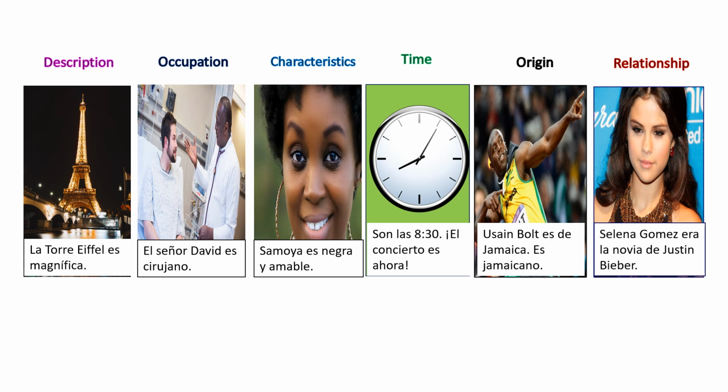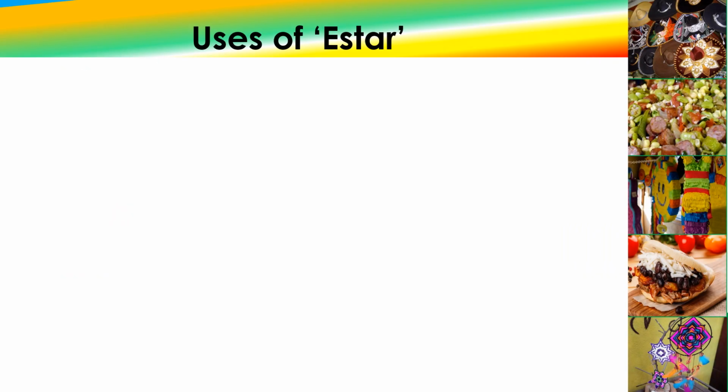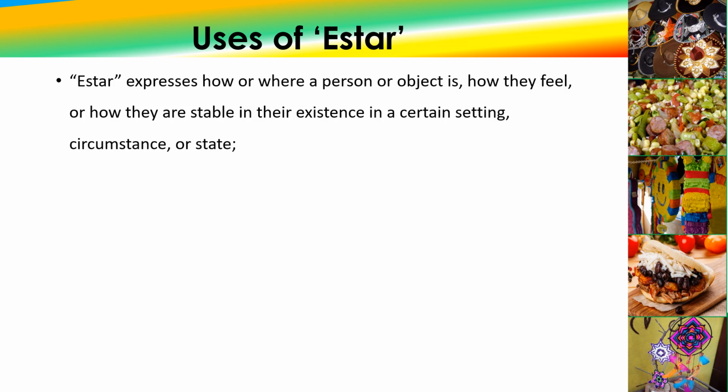Now we are going to be looking at the verb estar. Uses of the verb estar. So, estar expresses how or where a person or object is, how someone feels, or how he or she is stable in their existence in a certain setting, circumstance, or state.